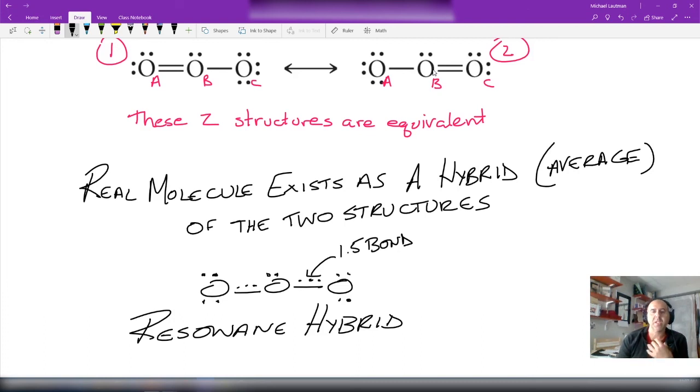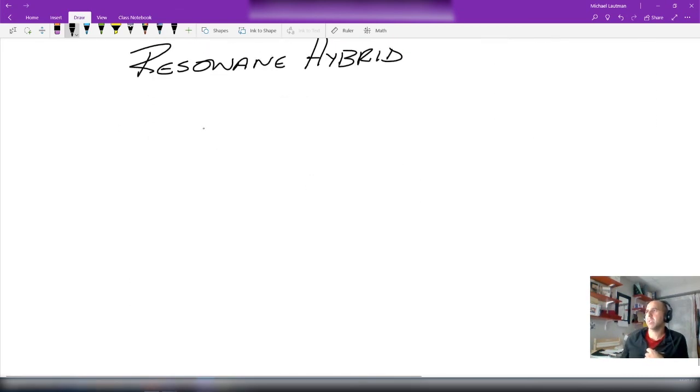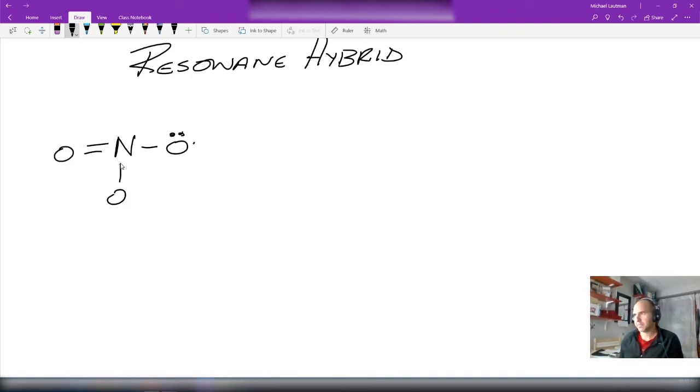All right, so there are lots of possible situations where resonance comes up. So, for example, if we go back to other examples that we saw, for example, the nitrate ion. Right, so we had a Lewis diagram for the nitrate ion that looked like this.